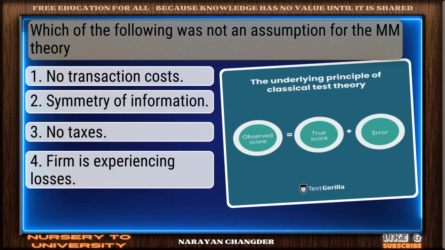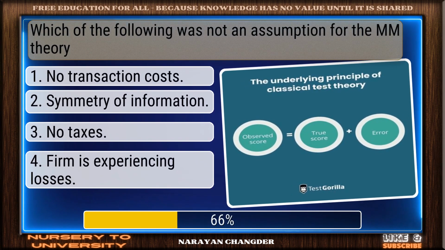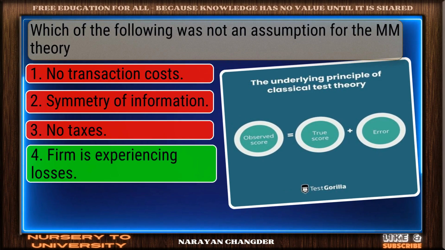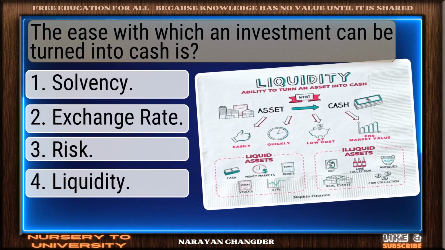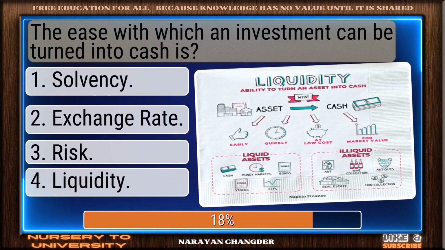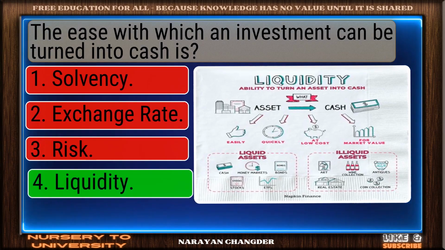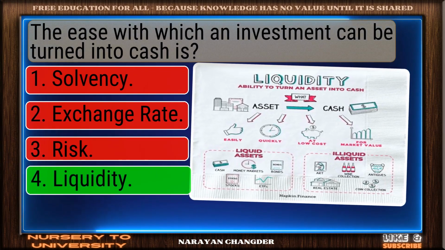Which of the following was not an assumption for the theory? Correct. Firm is experiencing losses is the right answer. The ease with which an investment can be turned into cash is. Exactly. Liquidity makes sense, and it is the right choice.